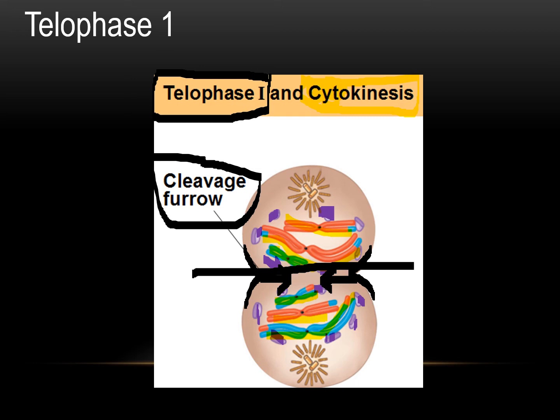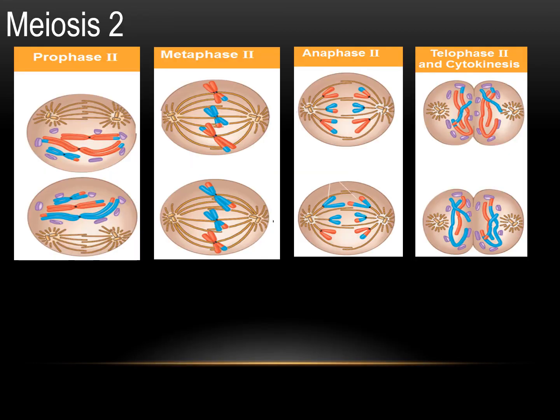However, the process of meiosis itself is not yet done. Remember, I said that meiosis has 2 phases, and we now move into our second phase of meiosis, called Meiosis II. Meiosis II is essentially mitosis, so I won't spend too much time on the process of Meiosis II.